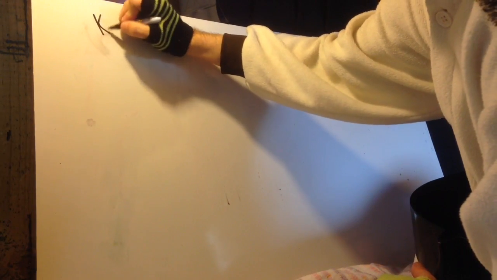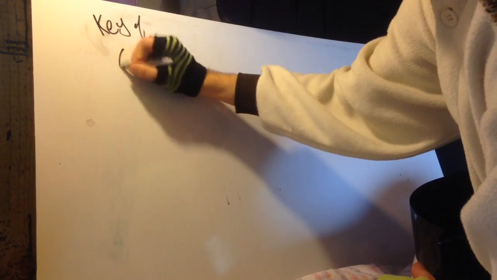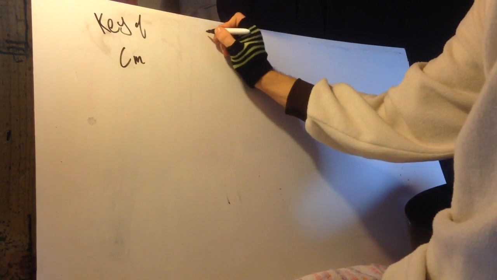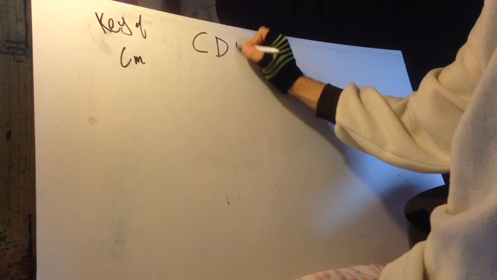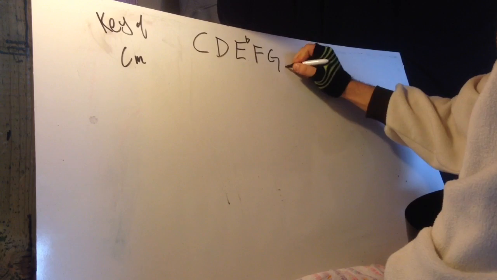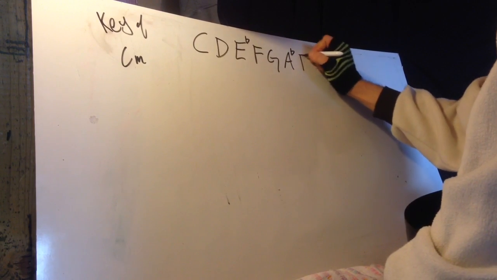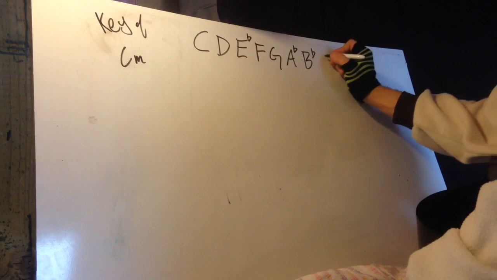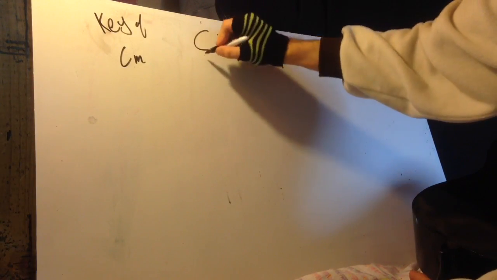So let's go into a quick look into "It'll Be Back Someday." Now this tune is in the key of C minor, so we are dealing with C, D, E flat, F, G, A flat, B flat, and then C for unison.